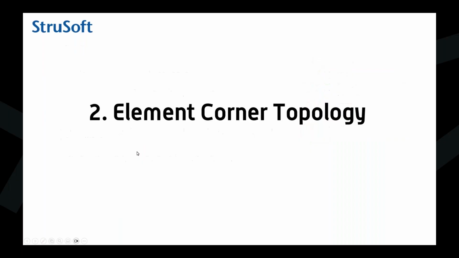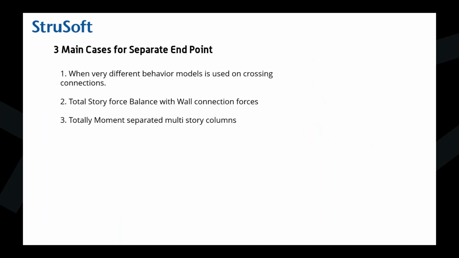Next, we discuss this unique feature of how we handle element corners in finite element models. It's called separate endpoint in FEM-Design. And there are three main cases for separate endpoints. The first case is when you have very different behavior models in your crossing connections. The second is if you want to have total balance between the story force and wall connection forces.